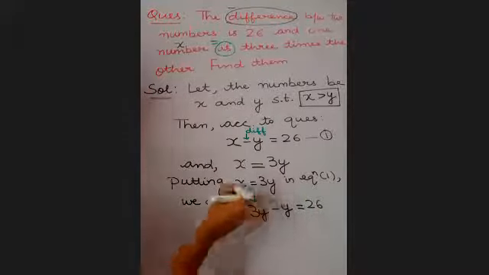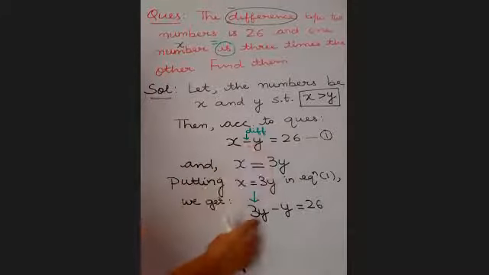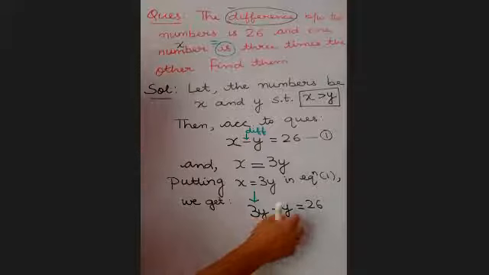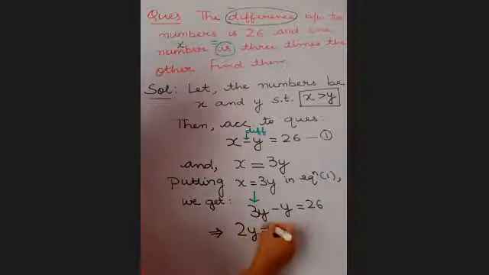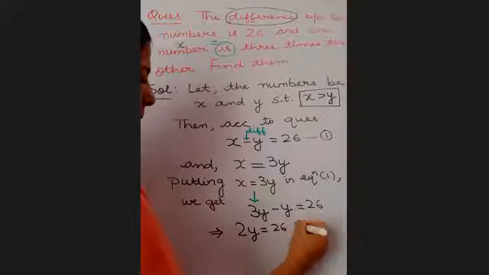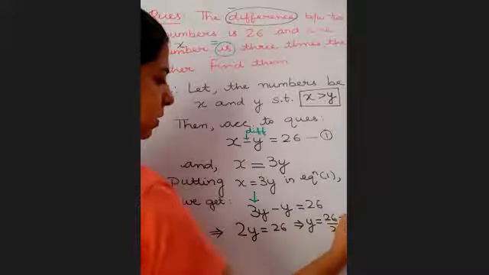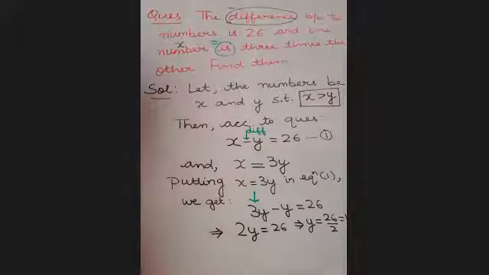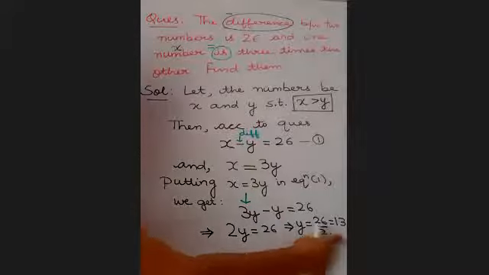This is in place of X. Equation was X minus Y, so in the place of X, I put 3y. Now 3y minus y is 2y equal to 26, and this gives me y is equal to 13. So we have got the value of y as 13.